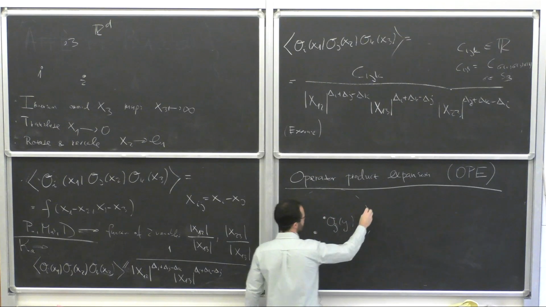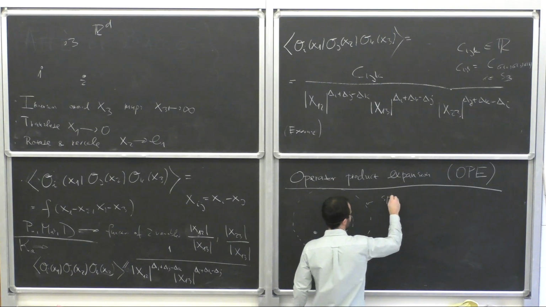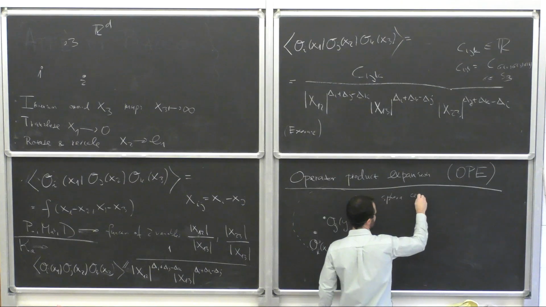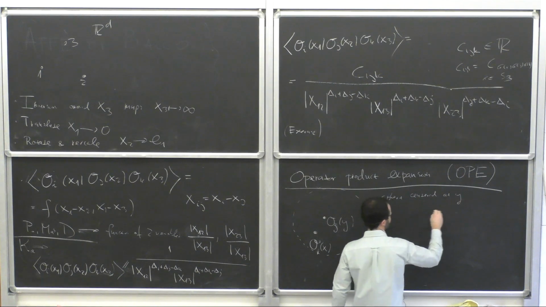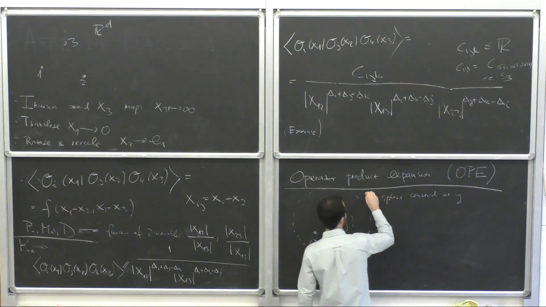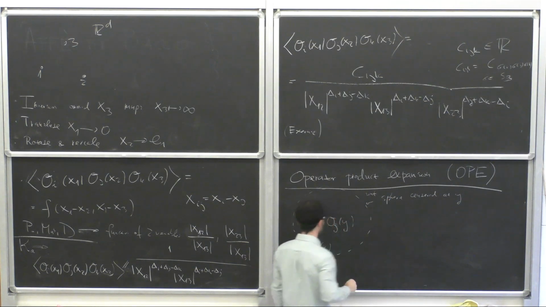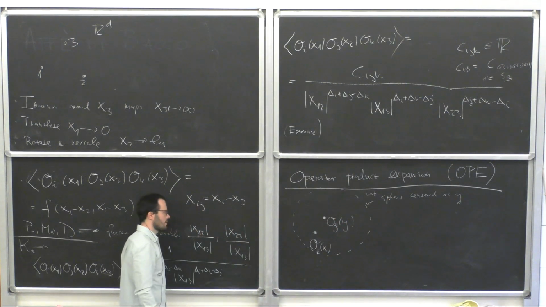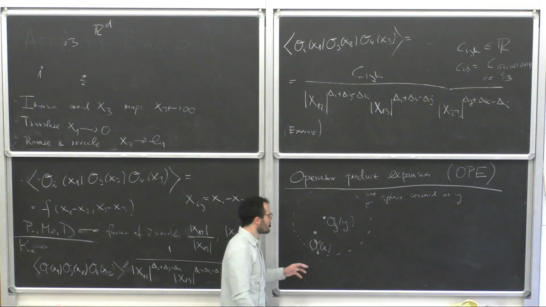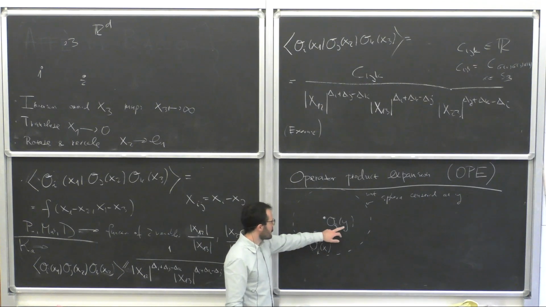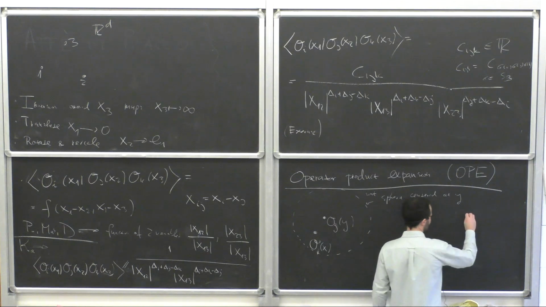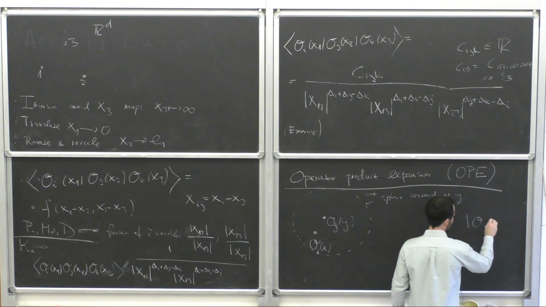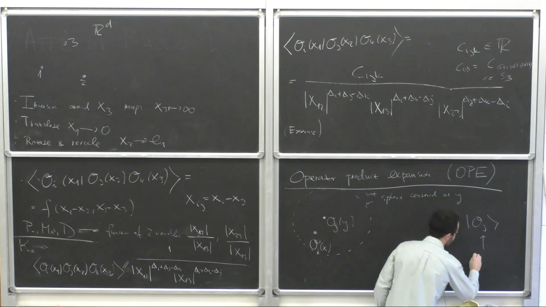So this is a sphere centered at Y of unit radius, unit sphere. And then for all practical purposes of computing any correlation functions, O_J at Y is equivalent to just the state O_J, right? So this is the lowest weight.